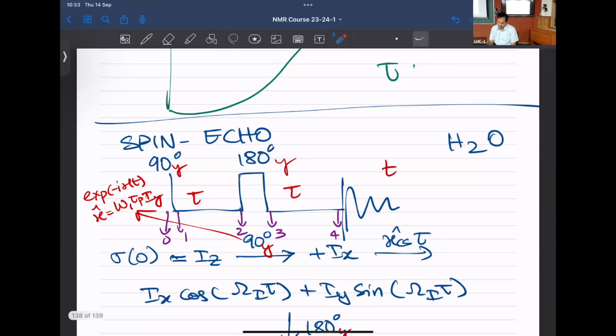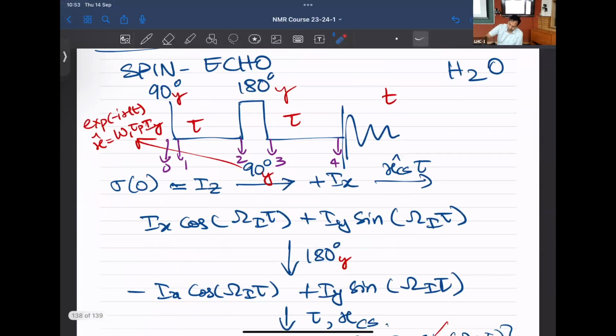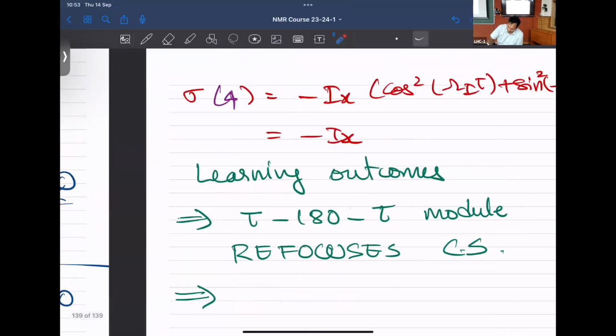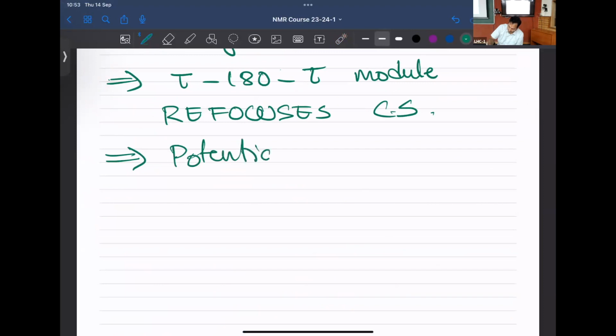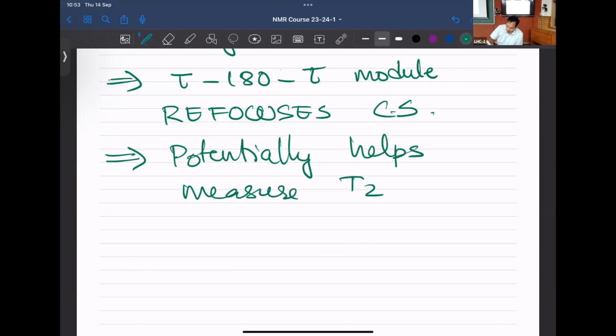Okay? So therefore, this module potentially helps measure T2. How would we do this?